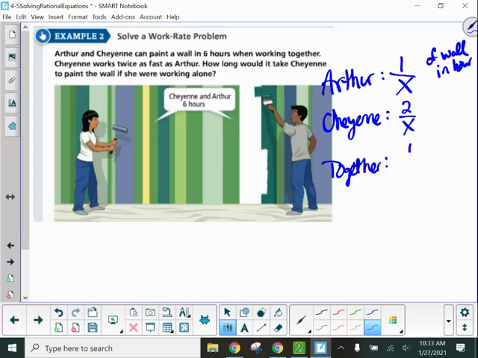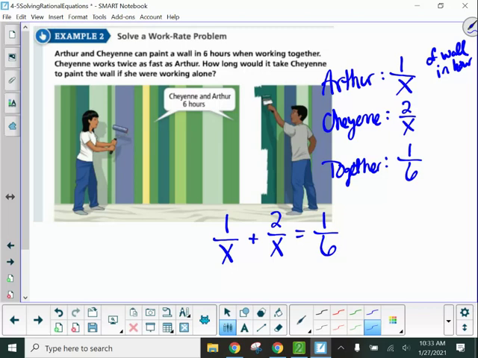Together, they can paint 1/6 of a wall in an hour. And that's going to be your rational setup. How much Arthur paints plus how much Cheyenne paints is equal to the total that they can do together.